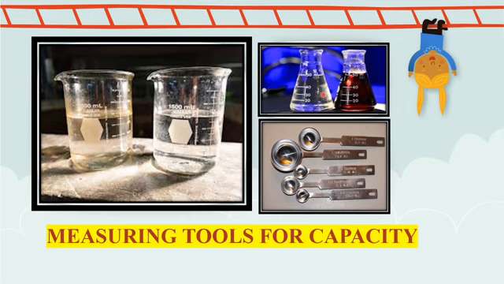Then you have measuring flask, then you have measuring spoons for half teaspoon, which measures, say, 2.5 ml, or 1 teaspoon, say 5 ml, or say 10 ml, then say 20 ml. All these are measuring spoons.